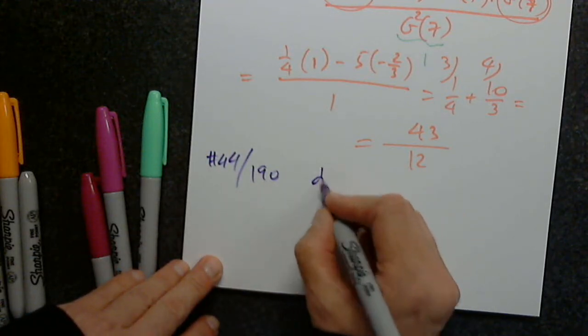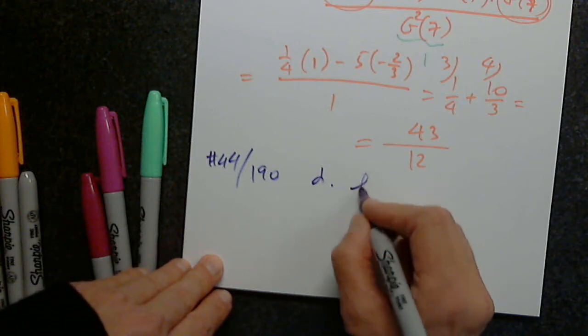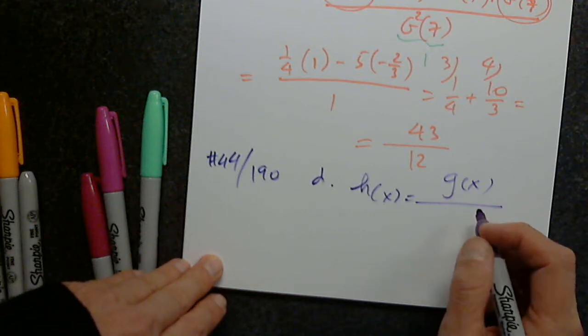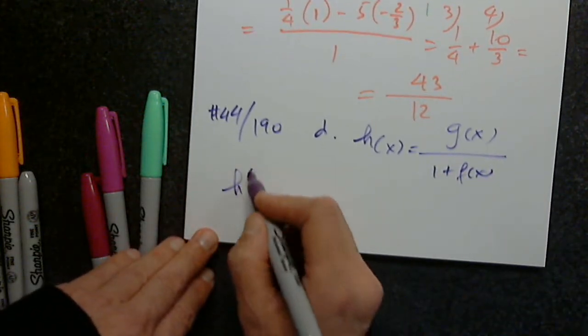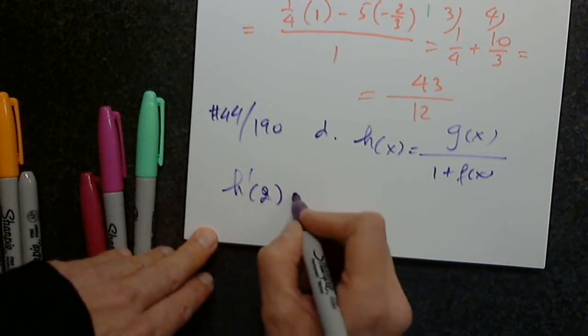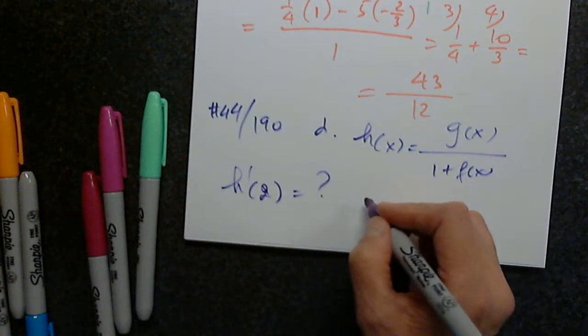And we are given in part D, h of x as being g of x divided by 1 plus f of x. Again, they're asking us to find h prime of 2. And they're giving us some information. I'm going to copy the information before we continue.